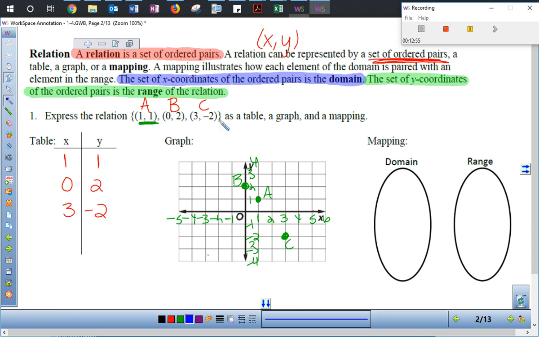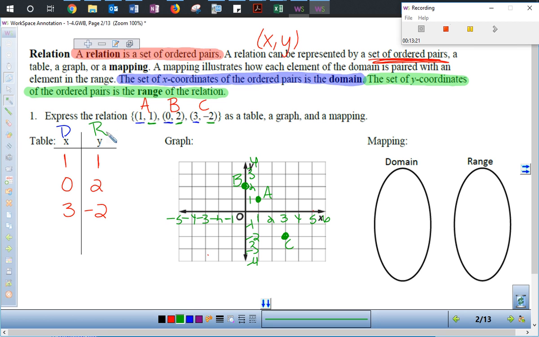So if you look at the ordered pairs that they gave us at the very beginning, all of the x-coordinates, 1, 0, and 3, are the domain. The y-coordinates are your range. So if I look at my table, it made it a little easier to see. The x values are my domain, the y values are my range.